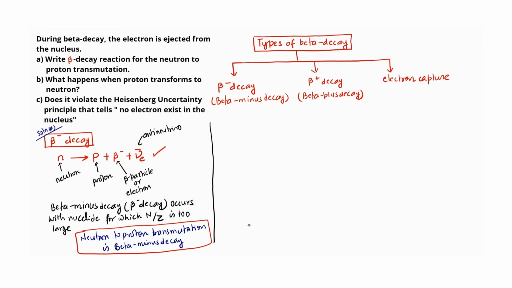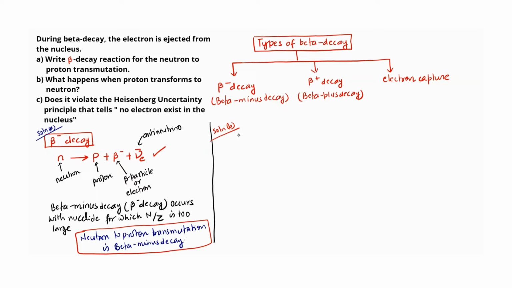Now, solution for B. What happens when proton transforms to neutron? So when proton transforms to neutron, it is beta plus decay.